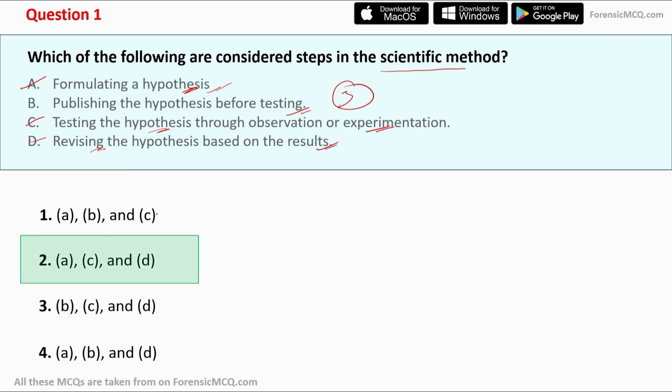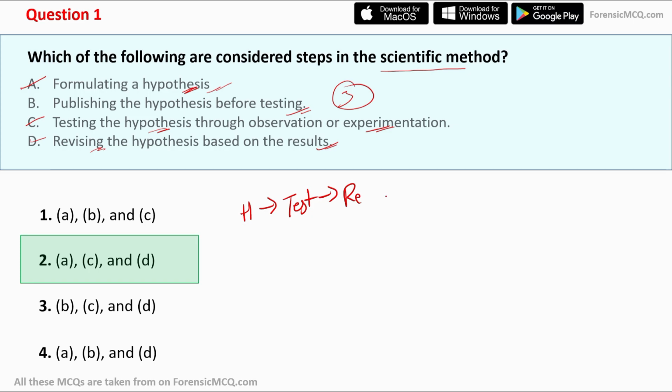Before moving to the next question, let's revise this question. As I already told, in any scientific method, there is a three-step process. First is the formulation of hypothesis, second is the testing phase, and after that there is a revising phase.